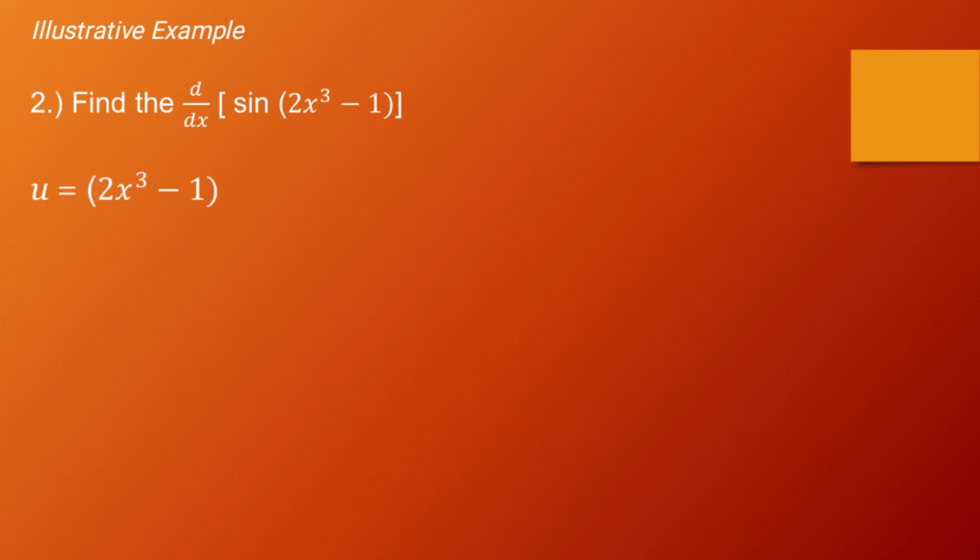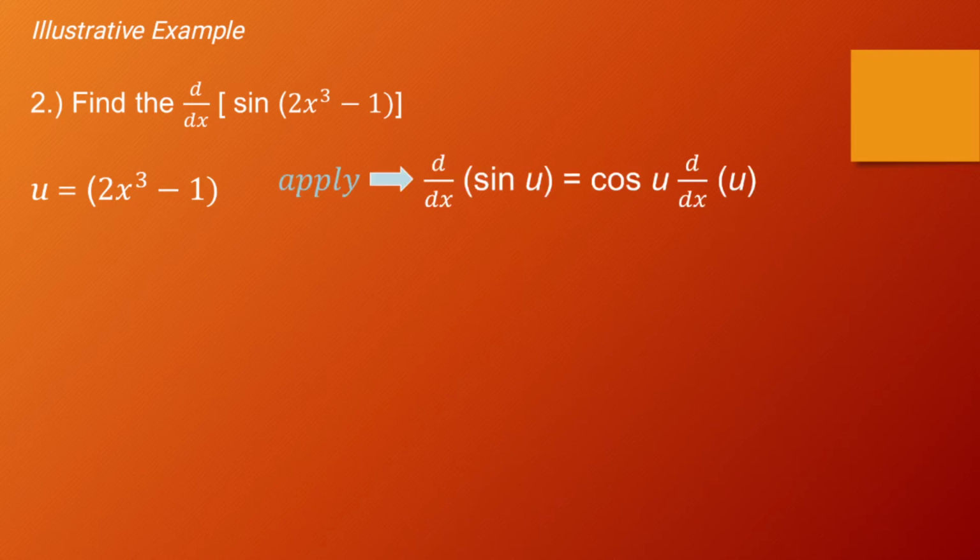Now for our next example, find the derivative of sine quantity 2x cubed minus 1. So our u is 2x cubed minus 1. Since we are going to get the derivative of the sine, then apply the rule. The derivative of sine u is equals to cosine u times the derivative of u.